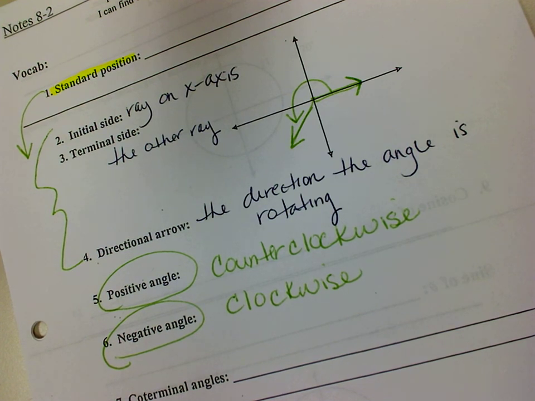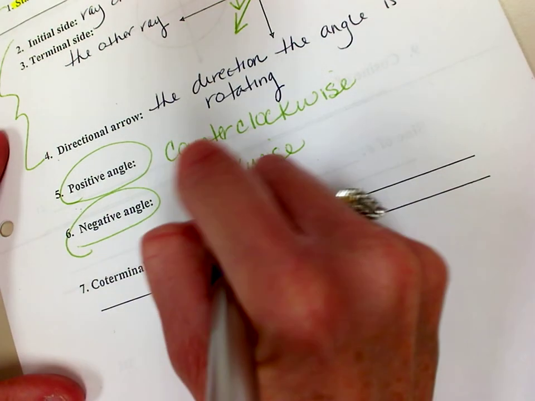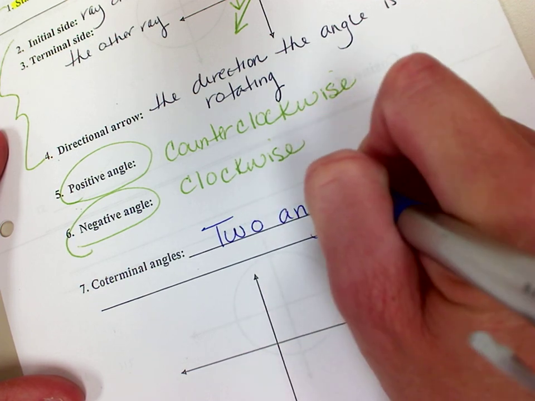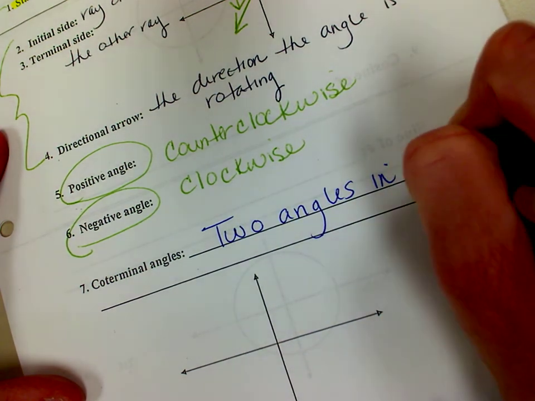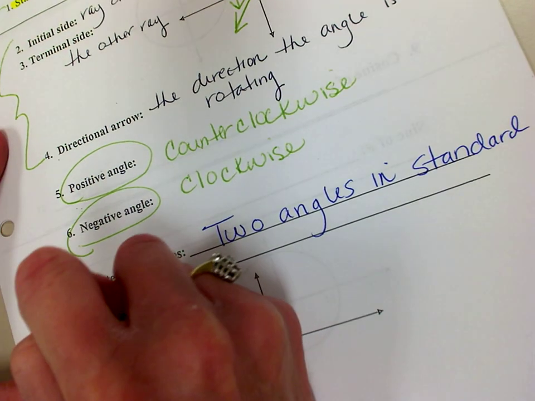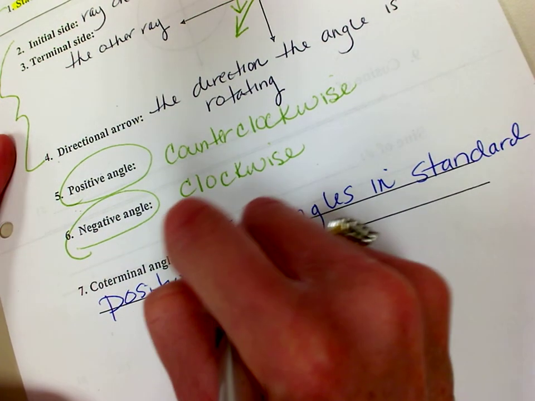Okay, coterminal angles. That is where you have two angles in standard position that have the same terminal side.